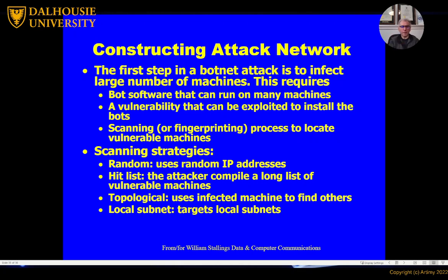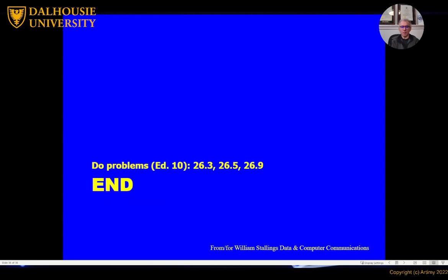In a hierarchical manner, I go from one network to another to another. Or if I am inside a network, I can target the local machines and local networks. I could actually use all of these combined to hit as many targets as possible, right?